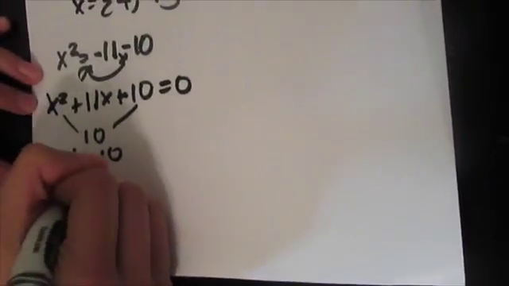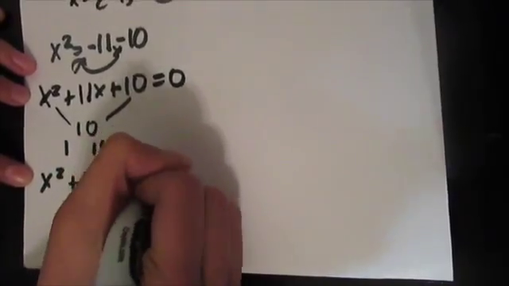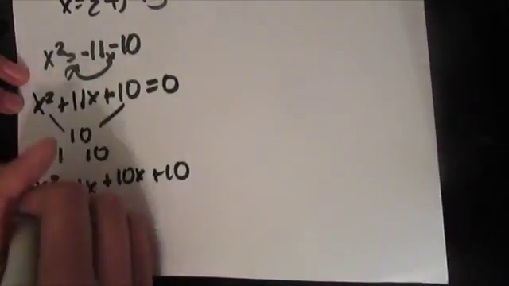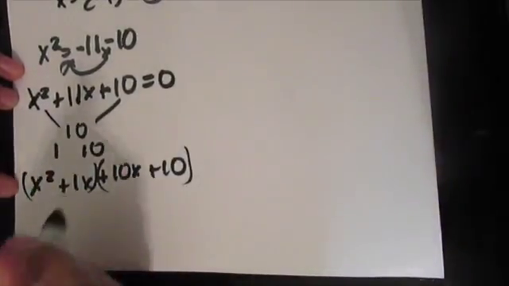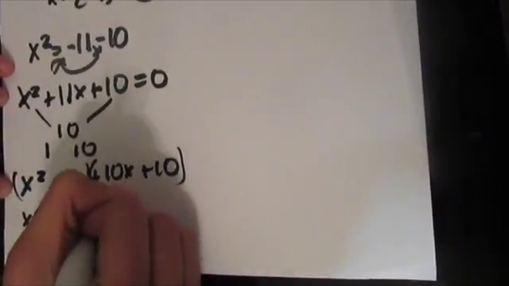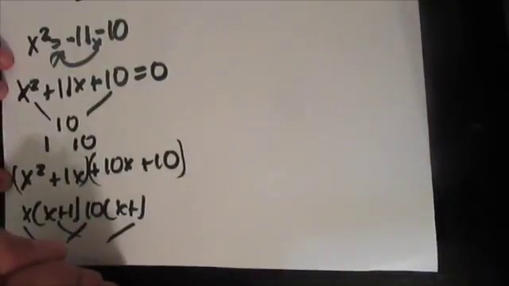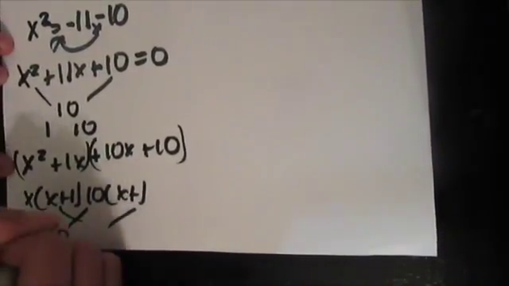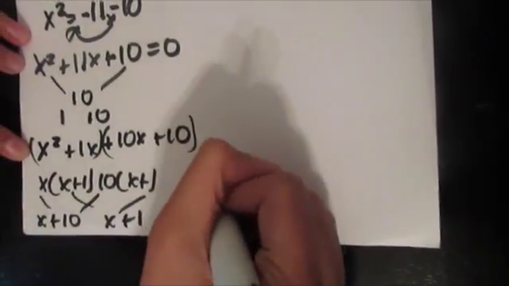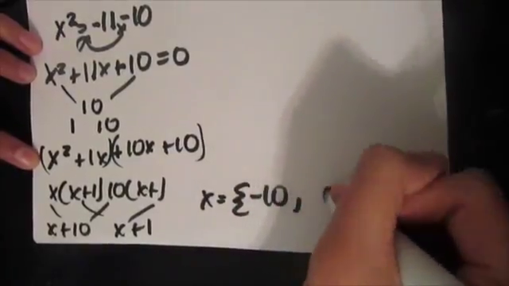So we will have x squared plus 1x plus 10x plus 10. We will group, and take out the greatest common factor. To get a final result of x is equal to the set of -10 and -1.